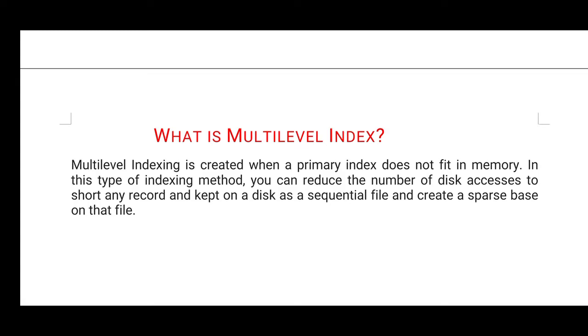In this type of indexing method, you can reduce the number of disk accesses to any record, and the data is kept on the disk as a sequential file, with a sparse index created on that file.